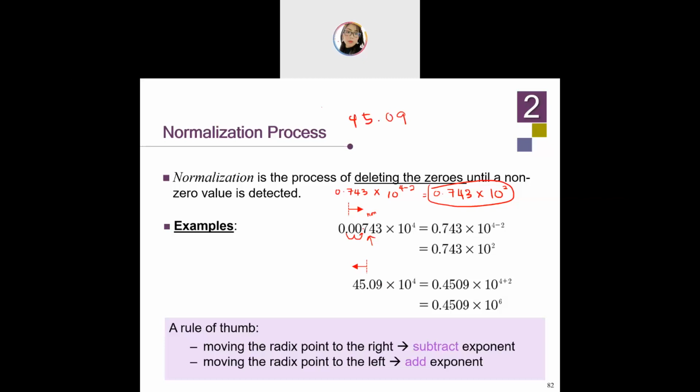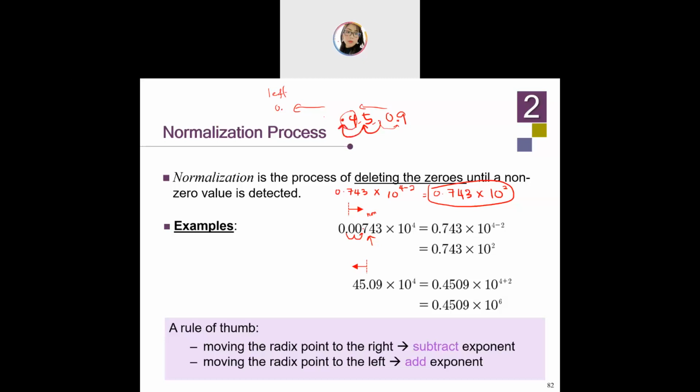The second example is 45.09. As mentioned, you need to look at the left first, because this is the floating point. You start with 0 first on the left, so you meet 0 first and then the radix point. But you cannot move to the right, 0, 9, because on the left side you have another number, isn't it? So you need to move to the left. Still you have a number here, so you need to move to the left again.